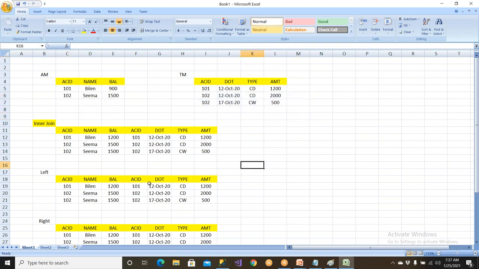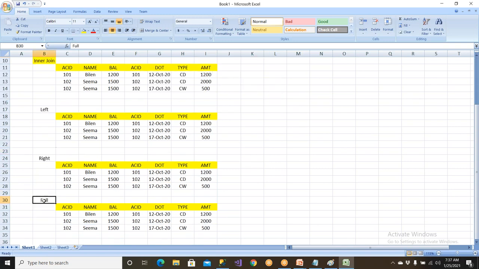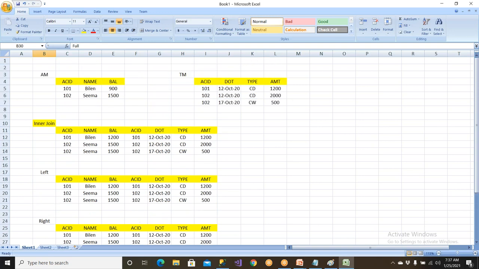If there is no unmatched data, inner join, left, right, full, everything will show only matched data. So that's what you need to understand. It always depends upon the data that you have. If you have matched data plus unmatched data, then you will be able to see this clearly.